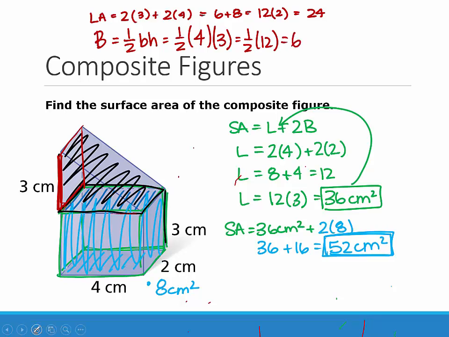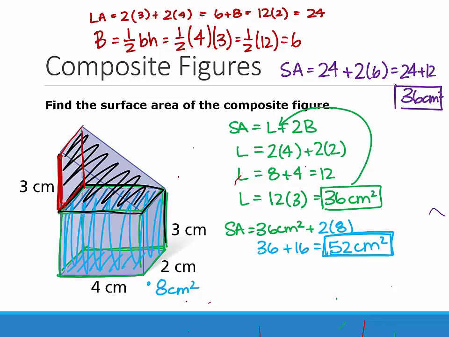So when we plug it into the surface area formula, we have the surface area of this guy is the lateral area plus 2 times our bases, which is 6. So we end up with 24 plus 12, or 36. So that is the top triangle.